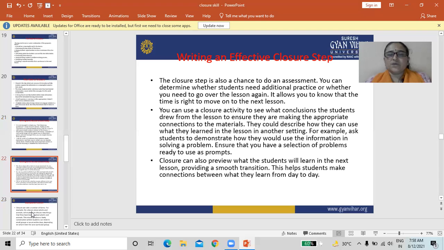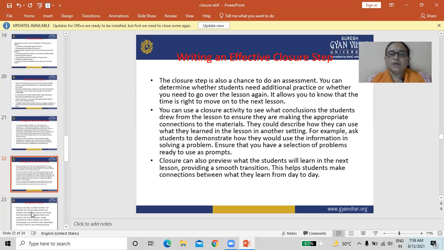You can use a closer activity to see what conclusions the students drew from the lesson to ensure they are making the appropriate connections to the material. They could describe how they can use what they learned in the lesson in another setting.